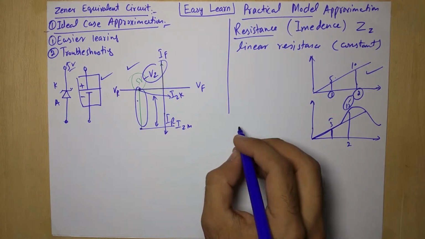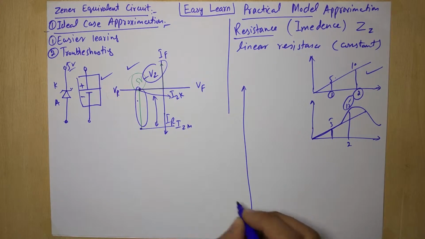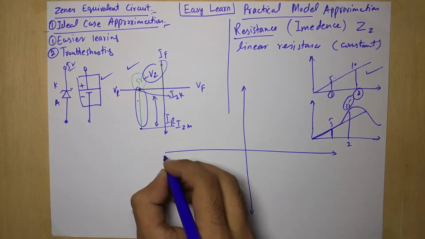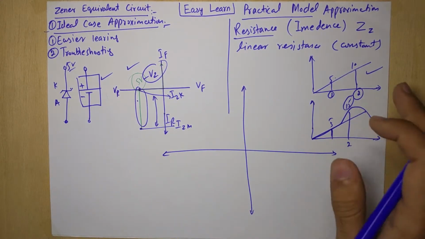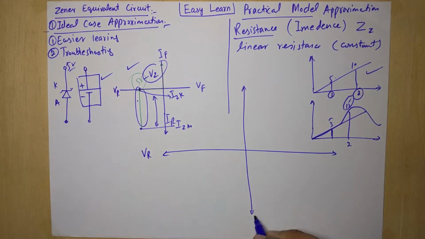I don't have any concern with the forward side, I'm just talking about the reverse side. This is VR, this is IR, the reverse bias current.